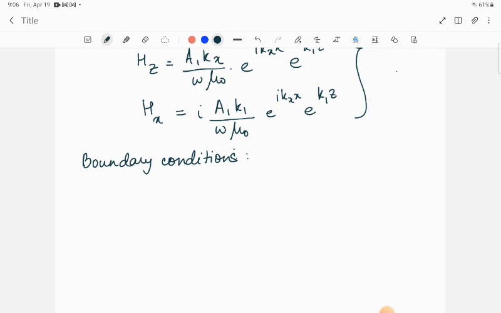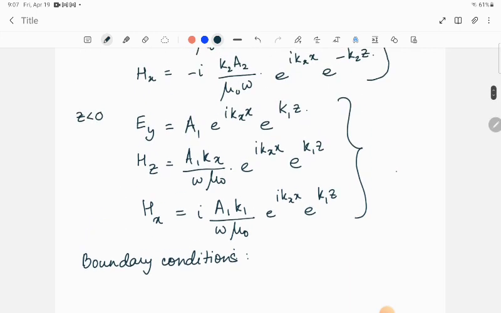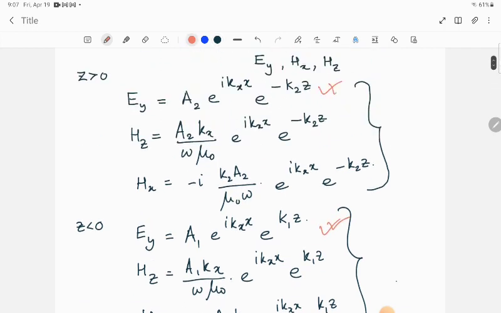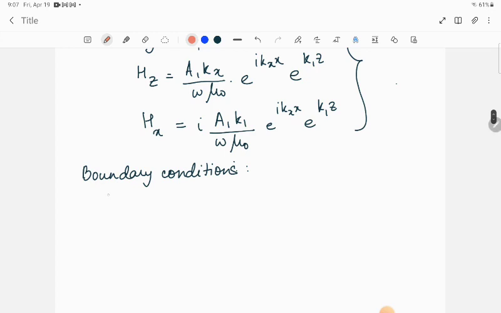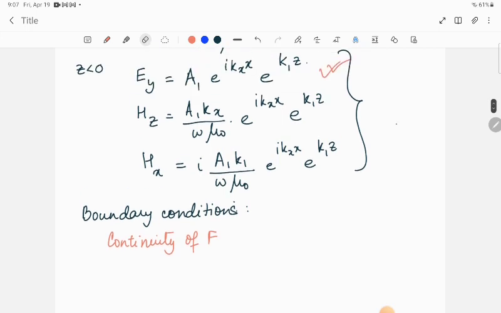So if you plug it in at z equal to 0, these two terms cancel, and what you land up with, from the continuity of Ey, is A1 equal to A2.